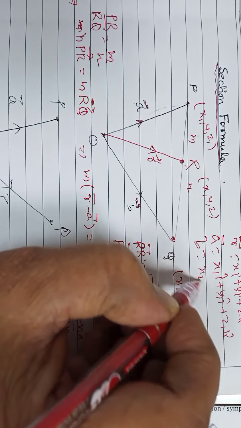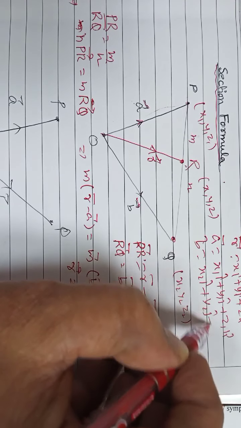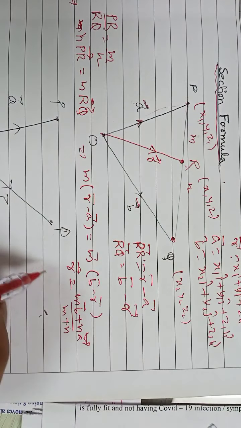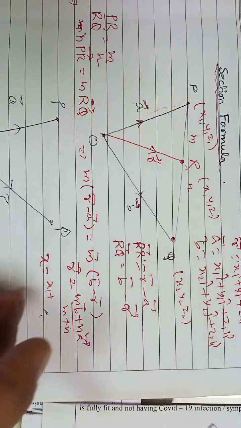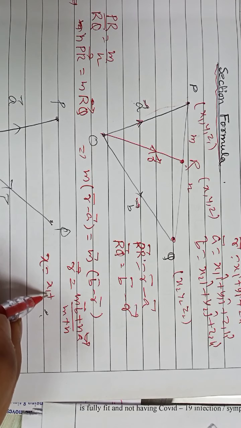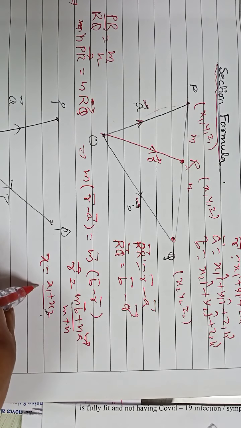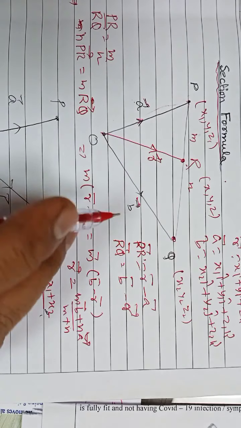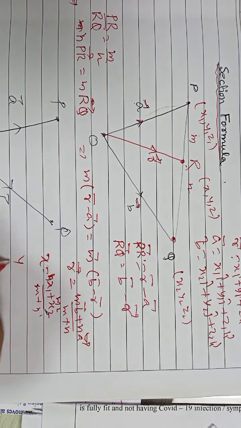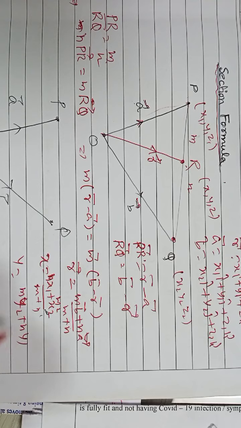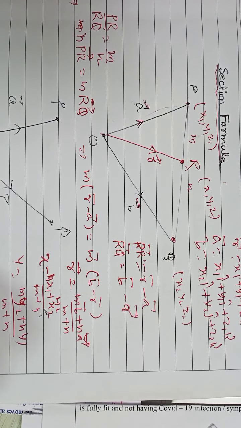B vector will be x2 i cap, y2 j cap and z2 k cap. Then we get x is equal to (m x2 plus n x1) by m plus n. Y is equal to, as we have learned, first ratio second coordinate, second ratio first coordinate.